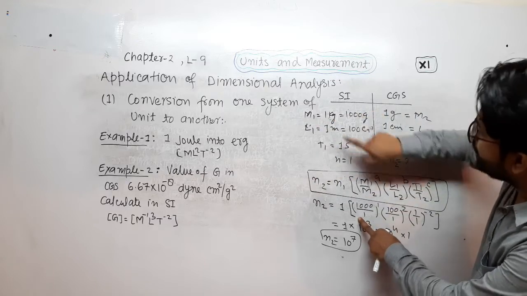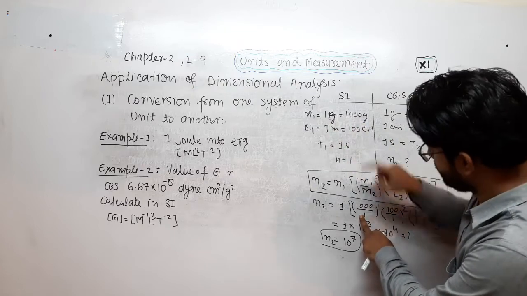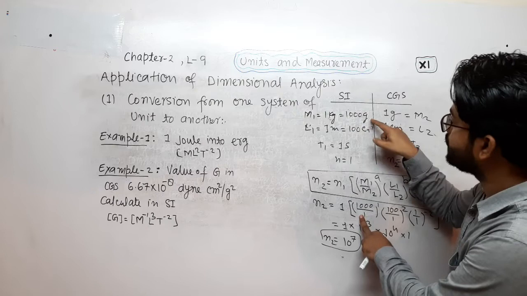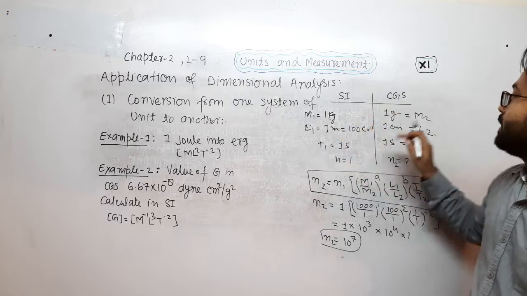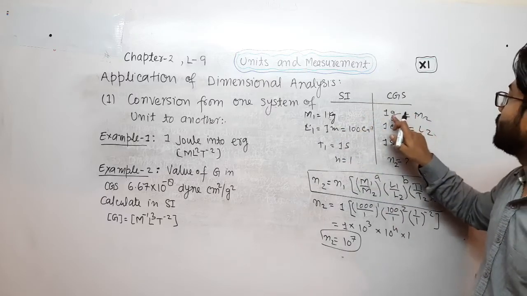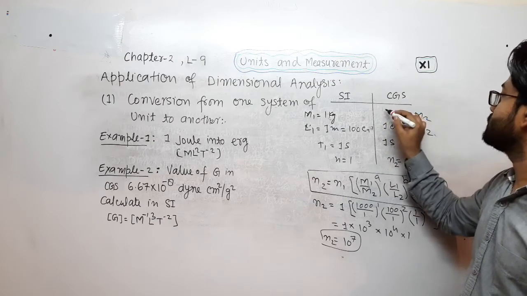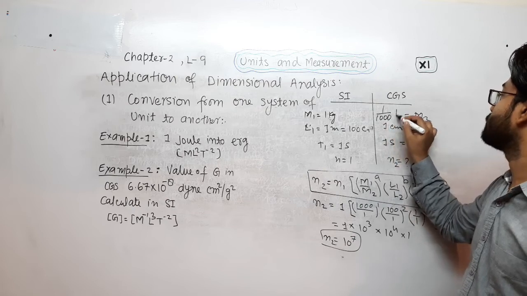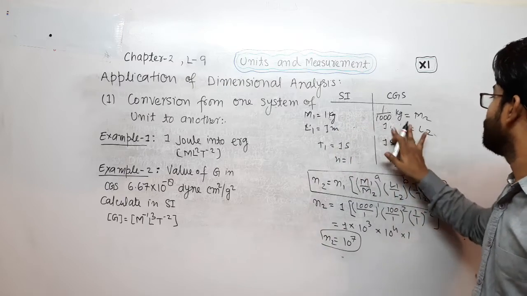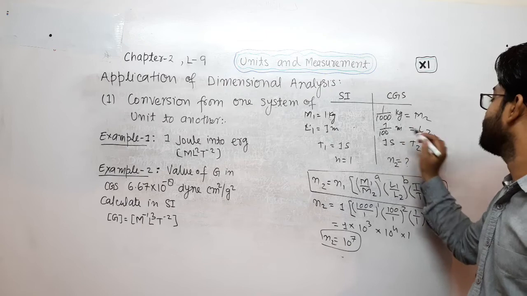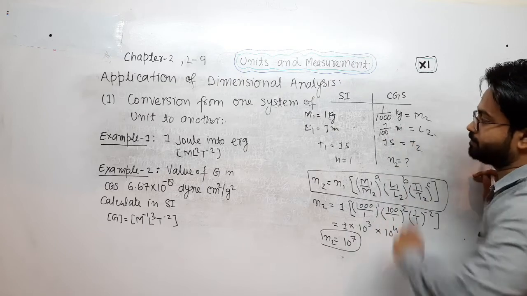In place of M1 I have written 1000 in gram, but if you don't want to write in gram, write in kilogram. M2 will be 1 upon 1 gram. CGS is in gram, that means 1 upon 1000 kilogram. In place of 1 centimeter, you can write 1 upon 100 meter.